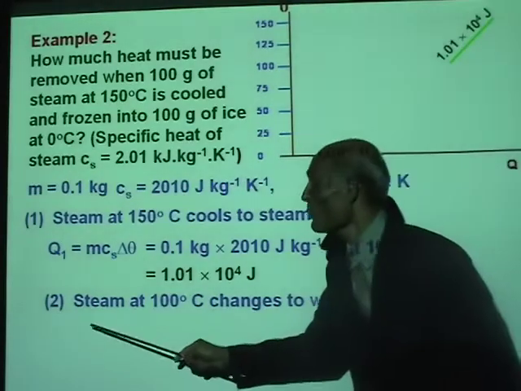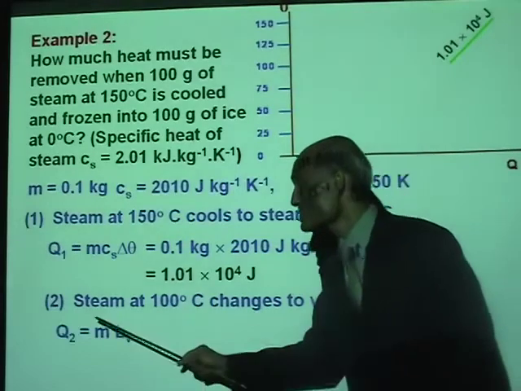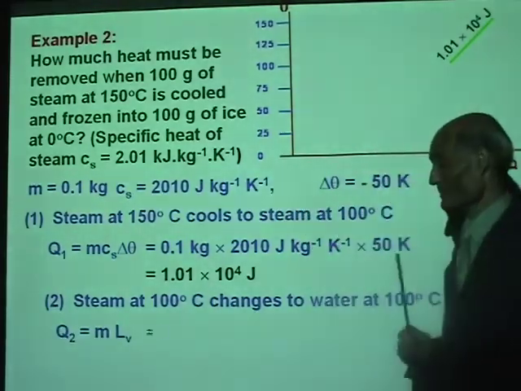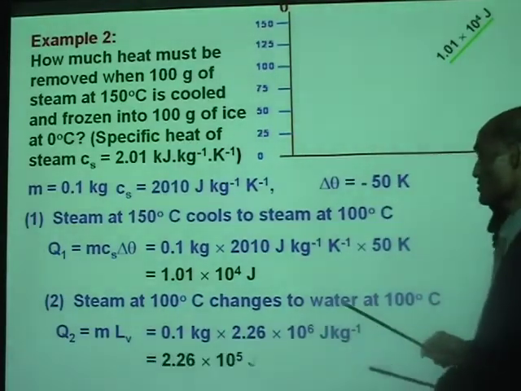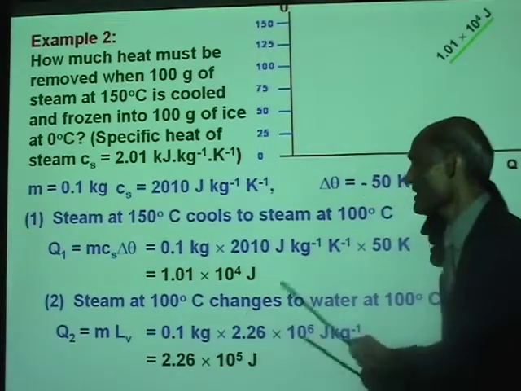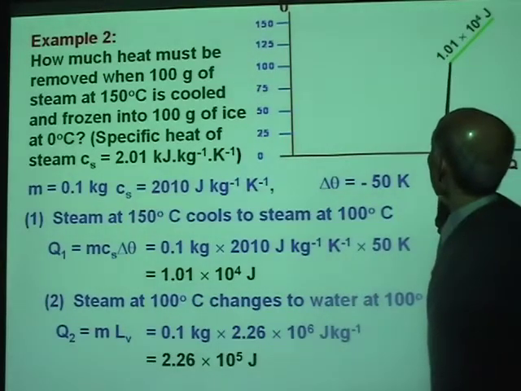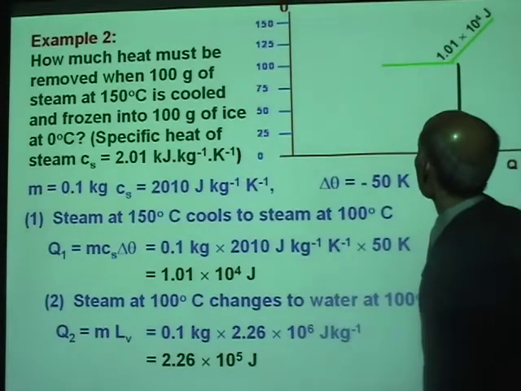Can you tell me what the quantity of heat this time is? Q2 is mass times latent heat of vaporization. That's the mass, that's the latent heat of vaporization. That gives me 2.26 times 10 to the 5 joules. Where will I represent that on the graph? There is no temperature change, so it will be a horizontal line.